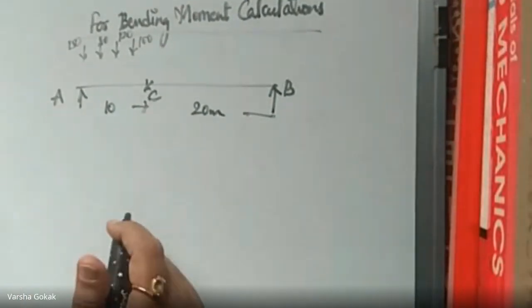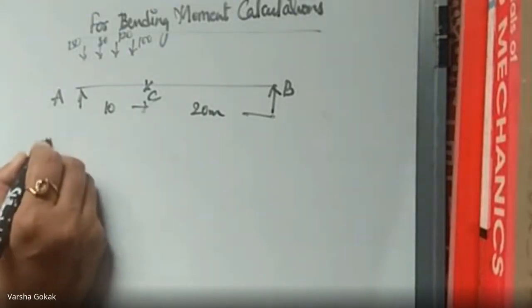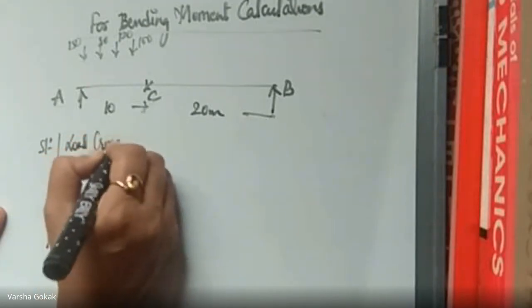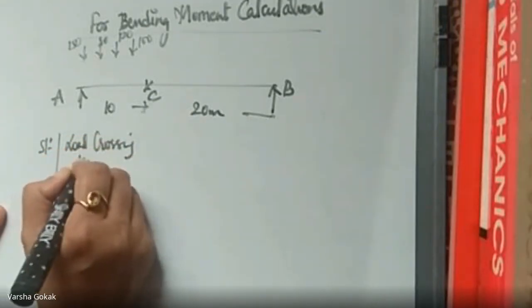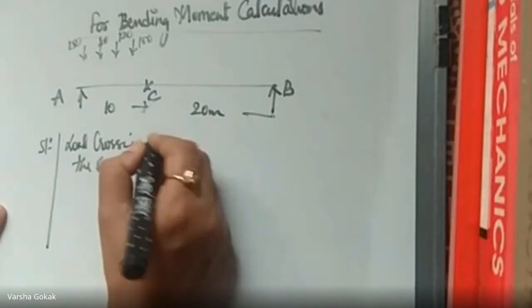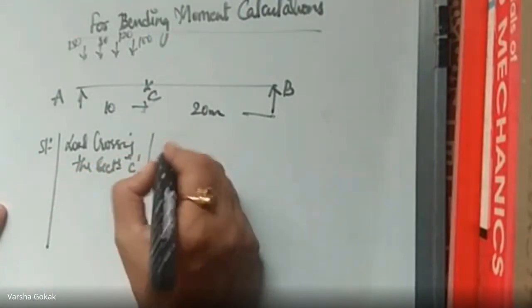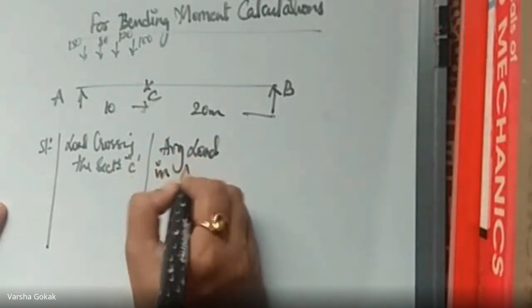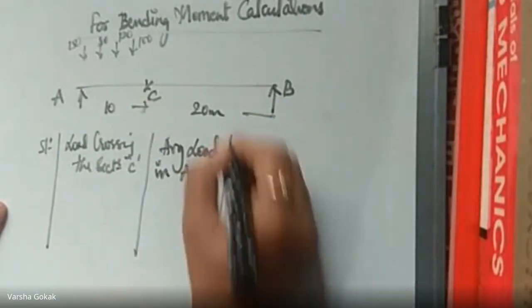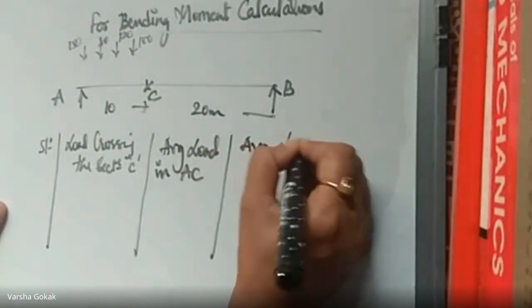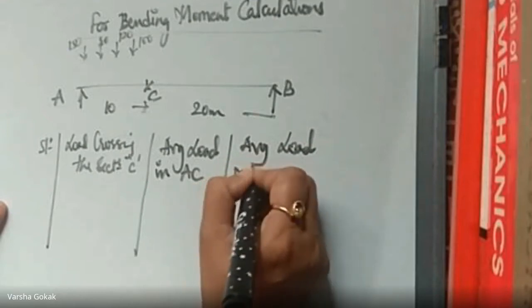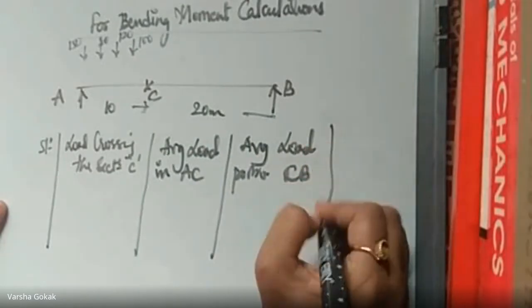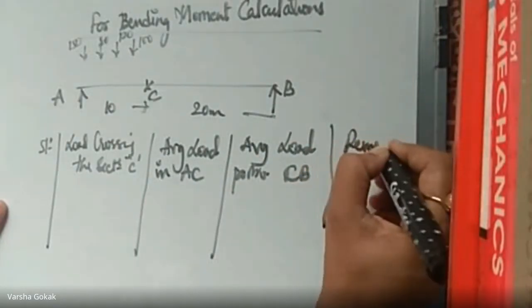If you're not clear with the statement, I will show it. The table goes like this: first serial number, next the load crossing the section or the point C. Then the average load in AC here, and then the average load in portion CB, and the final column is your remarks.